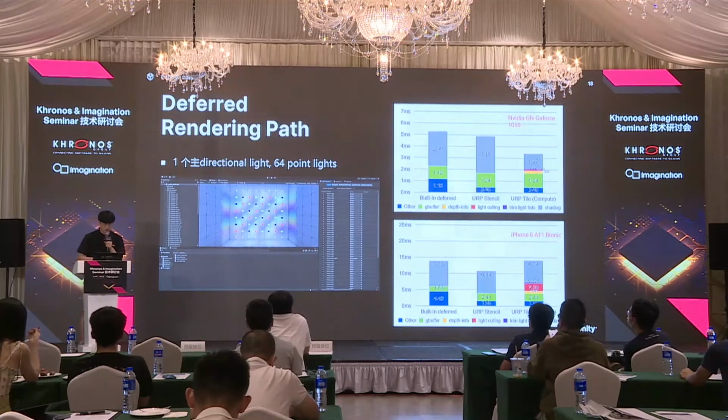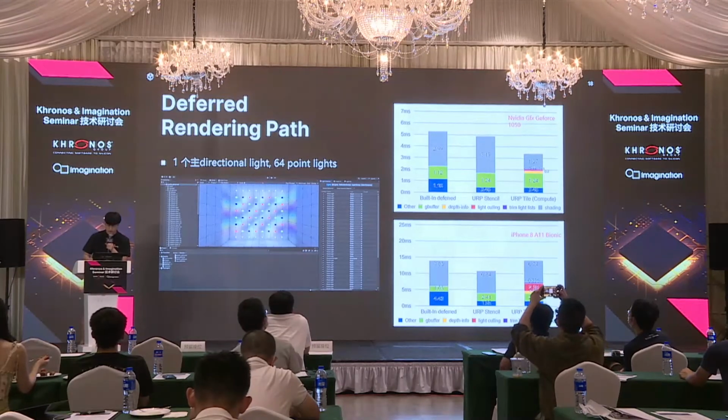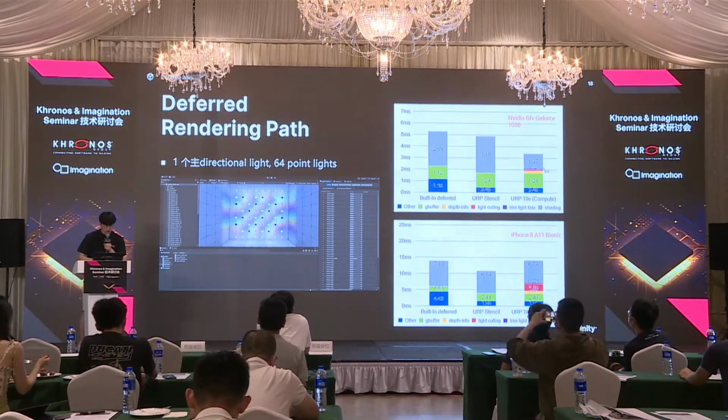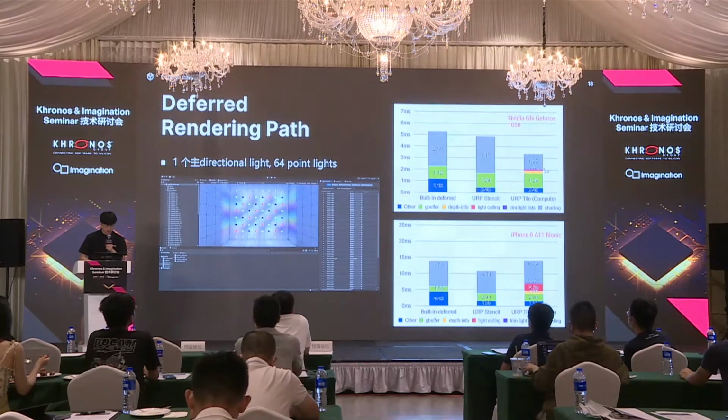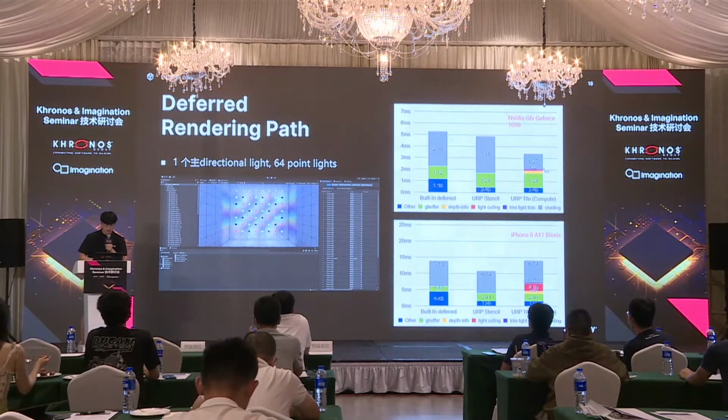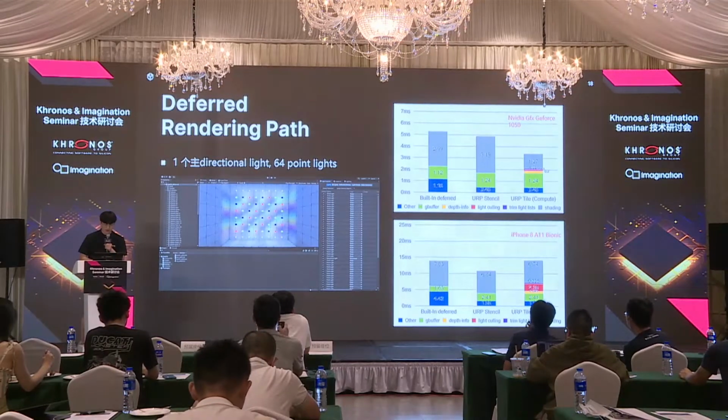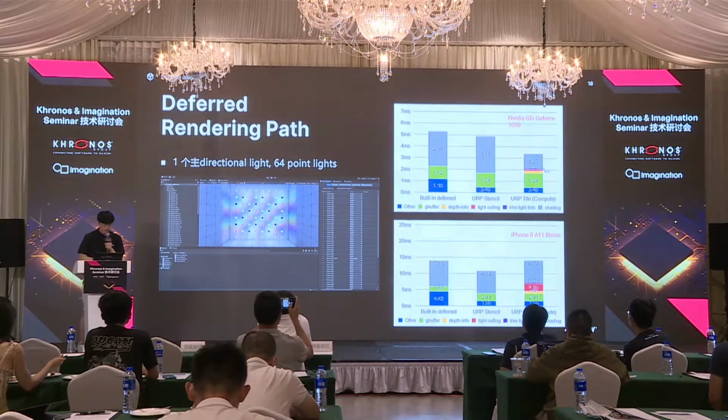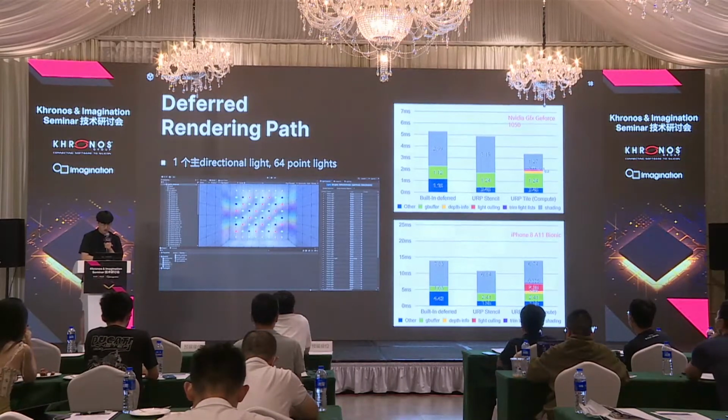How these two algorithms are achieved is not going to be the main point of our discussion today. Let's see a set of experimental data. In the same scenario, based upon these two solutions, compared with the internal rendering pipelines on different platforms, here you can see one scenario with one directional light and 64 point lights.